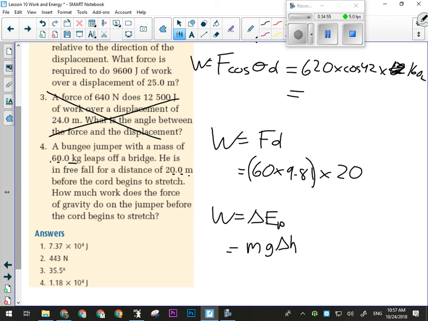Yeah. You know why I can do that? Because it's the same thing that you did here. m times g times h. That's where that formula comes from. It's force times distance. But when you change something's potential energy, you're working against the force of gravity, right? So that's why it's force times distance.